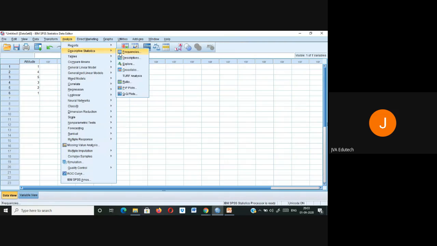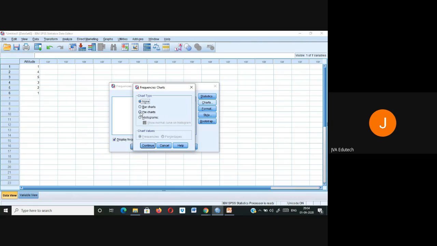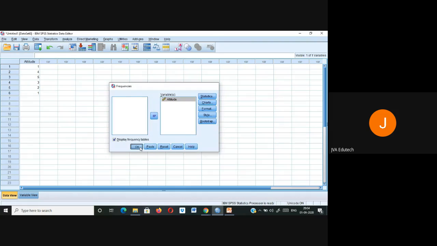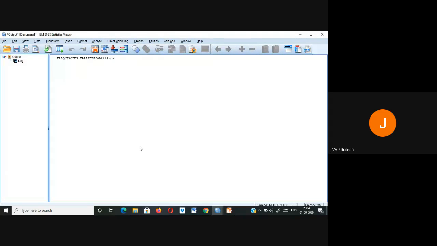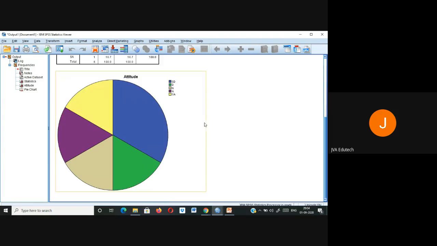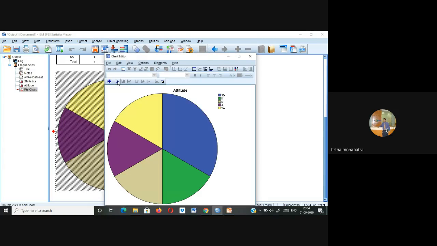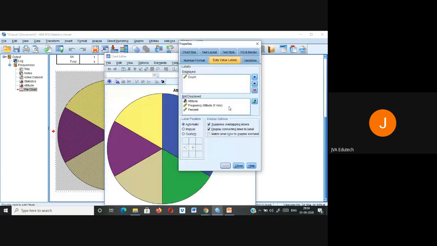Now if I'm, let's say, creating a chart for it, say a pie chart, it will be able to tell me what percent each is. Let's be more accurate and put data labels on it.